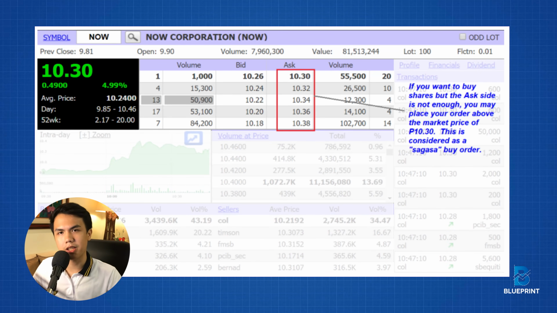So for example, the price is 10 pesos and then you're buying it in 11 pesos. So yung mga orders from 10 pesos to 11 pesos, i-fill mo yun lahat. So yan, for example, 10.30 again yung now and you want to buy shares but the ask side is, kumbaga, 10.30 yung market price pero yung shares na available hindi na mag-cater sa'yo. So you buy it up para ma-cater lahat ng shares na gusto mong bilhin.